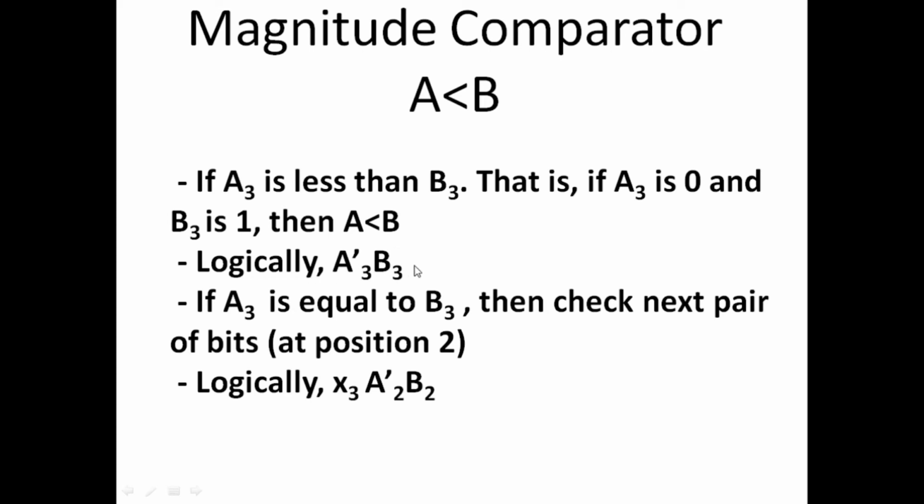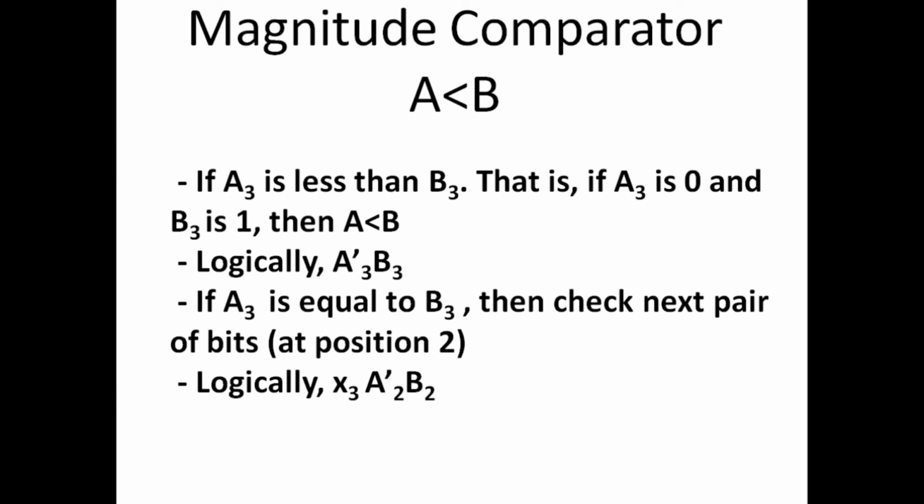But if the bits at the most significant position are equal, then again we will not be able to identify if A is less than B. So we have to check the next pair of bits at position 2, and we also indicate that the bits at significant position 3 were equal.